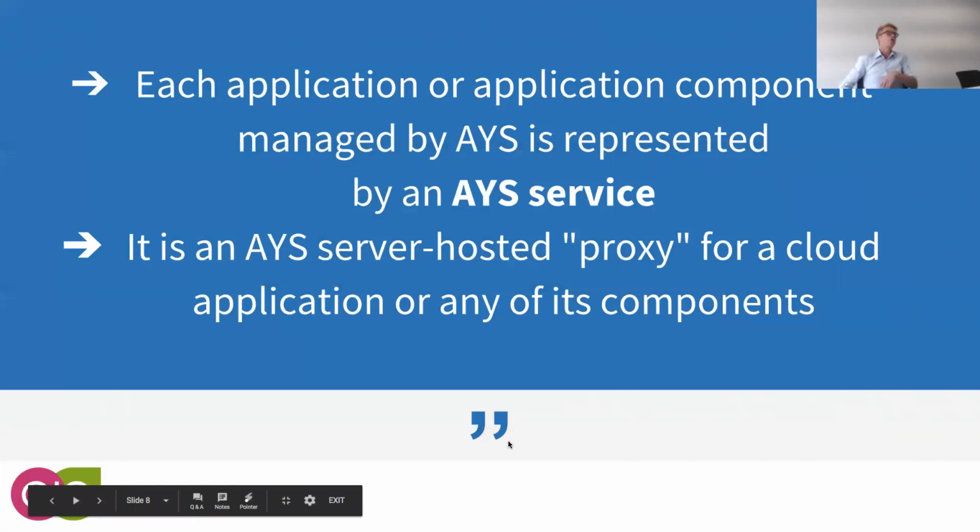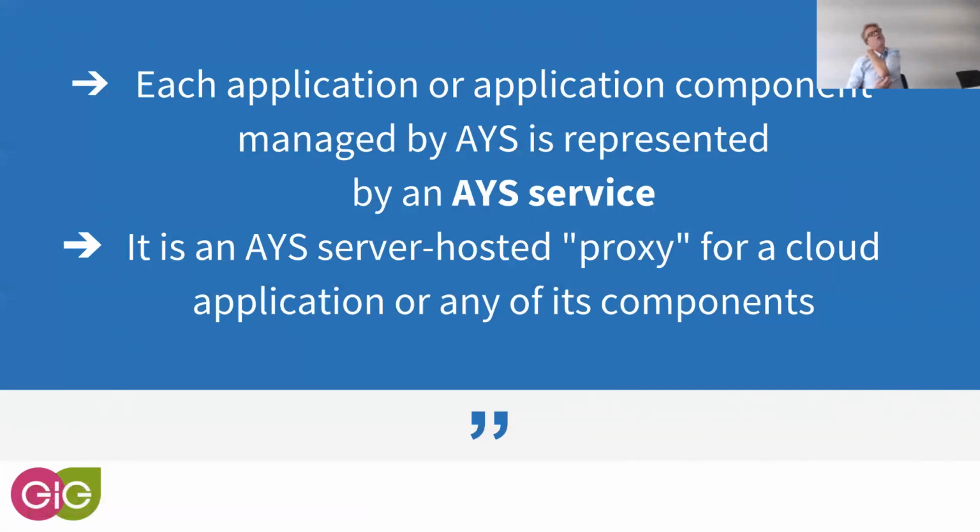Now, how does that work? You need what we call an AYS service for that. So each component or each application, or, not on the slides, whatever component of the infrastructure that you want to manage, is represented by an AYS service. An AYS service is basically a proxy that is hosted in the AYS server, a proxy to the cloud application or any of its components that you need to manage.